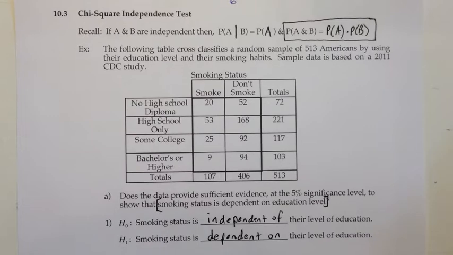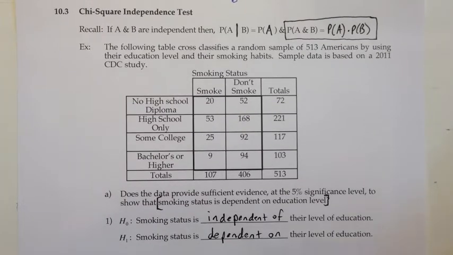That may seem a little tricky because it doesn't sound exactly like an equals. You have to chase it through the formulas. But the good news is that's going to be true every time we do a test of independence. We'll always put independent of in the H0 statement and always put dependent on in the H1 statement, because independence always goes with equality.